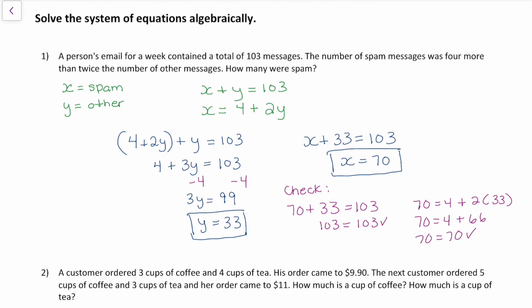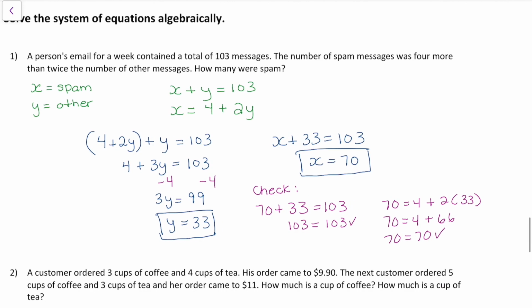So I know I did it right. Now with a word problem, we always want to finish off with a word answer. So therefore, it asked how many spam. Remember, spam is X. So there are 70 spam messages is our final answer there.